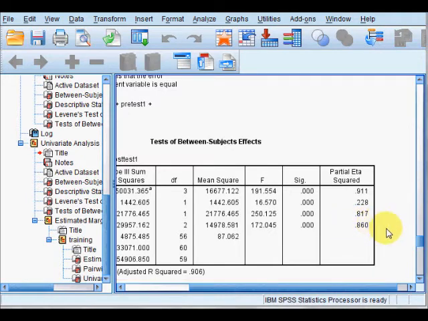It seems to make a huge difference. So once you take into account how good people were to start with, the type of training that they then receive accounts for 86% of the variation in the post-test score.